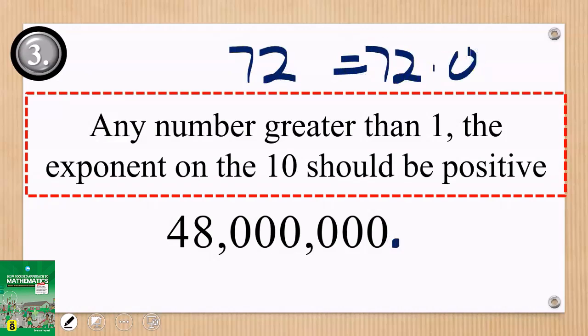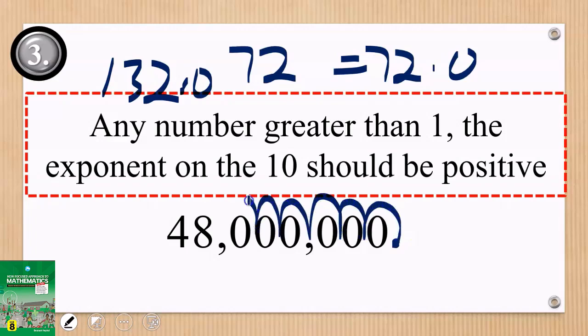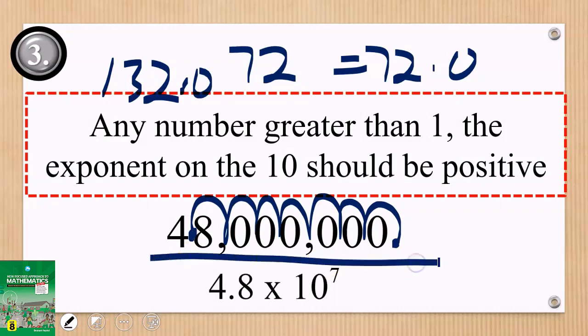If I write 132, it's the same as saying 132.0. It doesn't change anything. So the decimal point is here. I'll move it backwards 1, 2, 3, 4, 5, 6, 7, to between the first two significant numbers, which will give me 4.8 times 10 raised to the power positive 7, because the number here is bigger than 1, right?